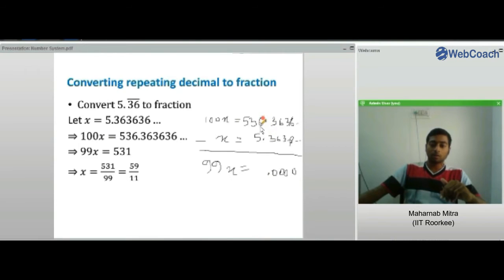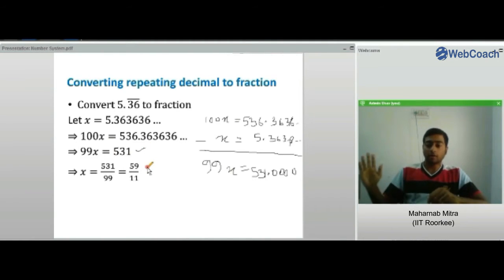Now comes the decimal. 6 minus 5 we get 1. We can put 3 as it is because there is no number here, and 5. So what have we got? 99x is equal to 531. You can see all the repeating numbers after the decimal point have vanished because of this simple subtraction.